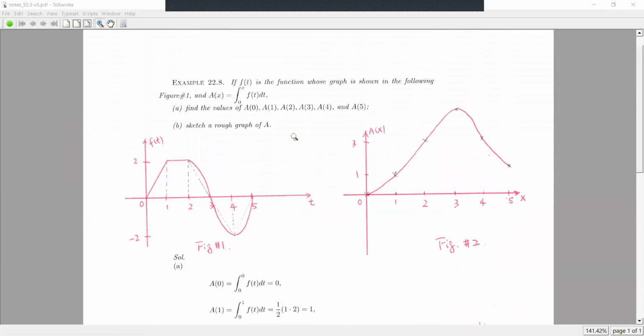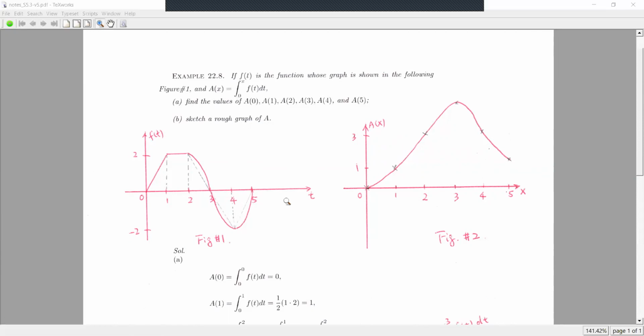Now, question B. Based on A, sketch a rough graph of the function A. In part A, I got A of 0 is 0. That means the graph of A passes through the origin.